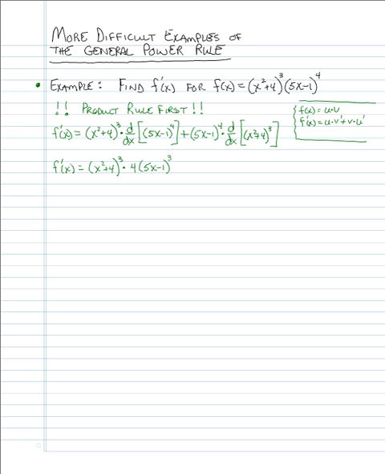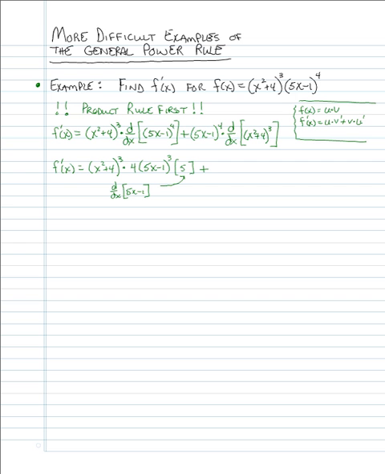So now it'll be a power of 3. Now, then we have to multiply with the derivative of the 5x minus 1. And the derivative of 5x minus 1 is just 5. So this is very important to recognize that that came from the derivative of the inside. See, that's just the derivative of the inside. That's how that came about.